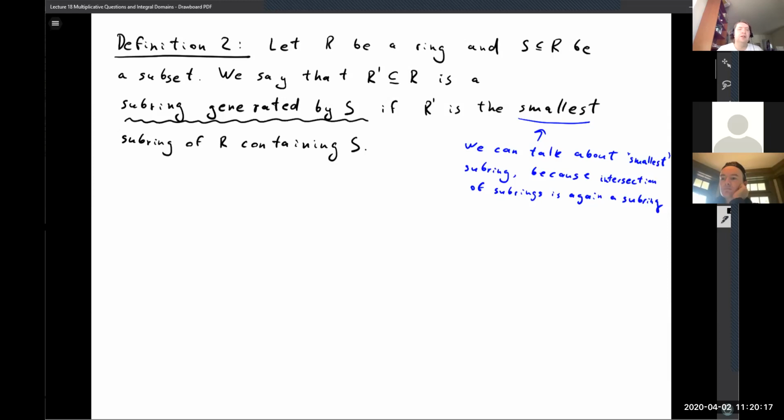Okay, so now let's have a closer look at the unital ring. So now let R be a ring with unity 1R. And we can ask an immediate question.